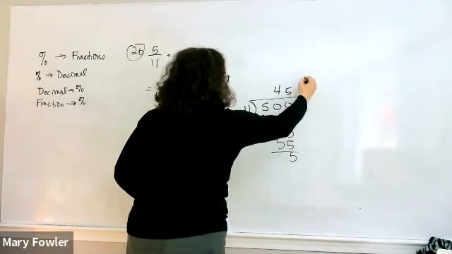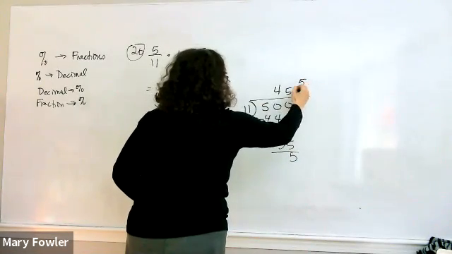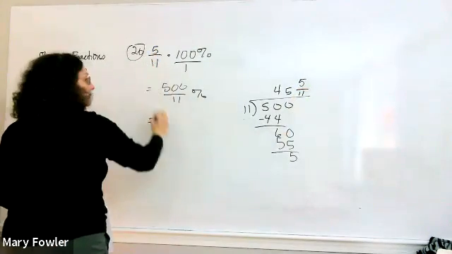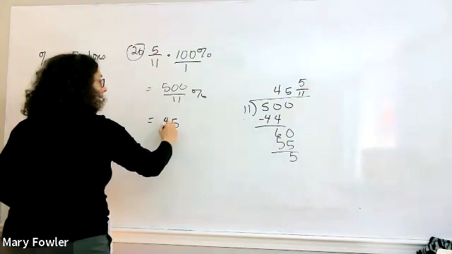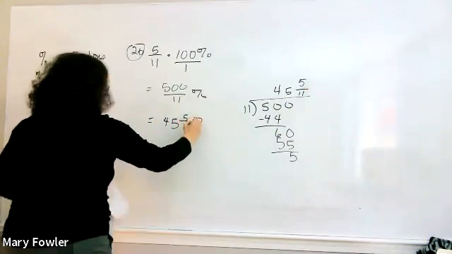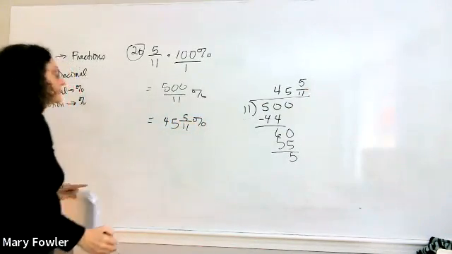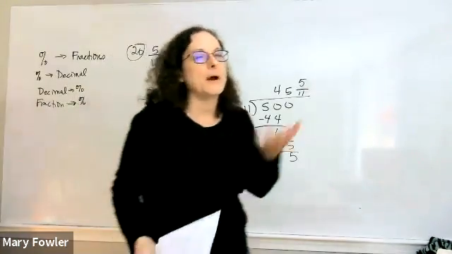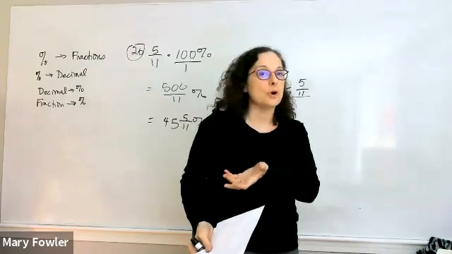So that's 45 remainder 5, or 45 and 5 over 11. So 5 over 11 is 45 and 5 over 11%. Again, it's going to come down to how people are asking you to display your work.